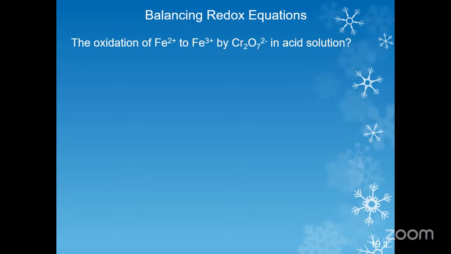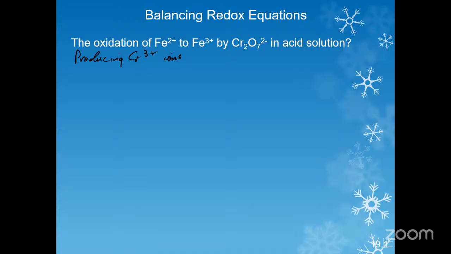Producing Cr3+, chromium 3+ ions. All right. You need that additional information in order to answer this question. So how do we go about balancing this particular redox equation?